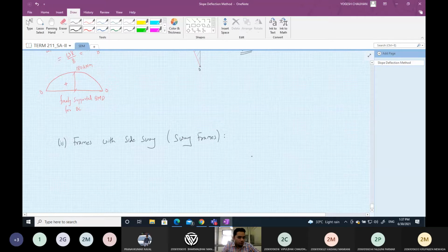Now, in case of sway frames, these frames deform laterally due to the unsymmetry in either geometry, loading, its cross section, or its material property or boundary condition.